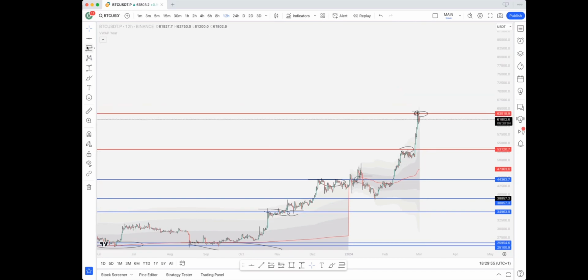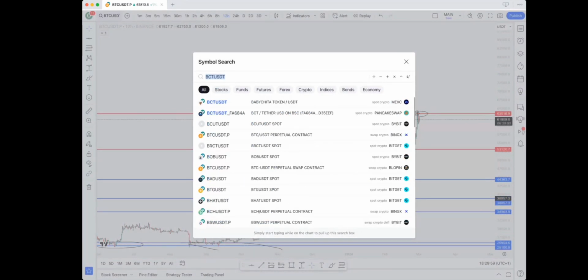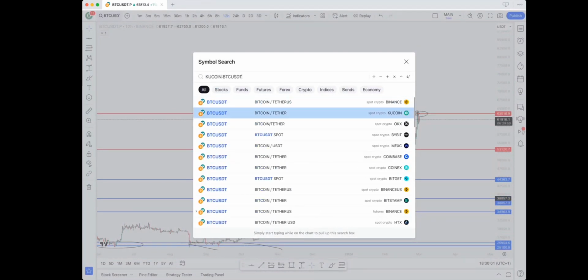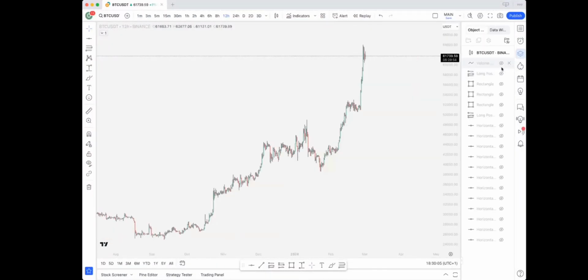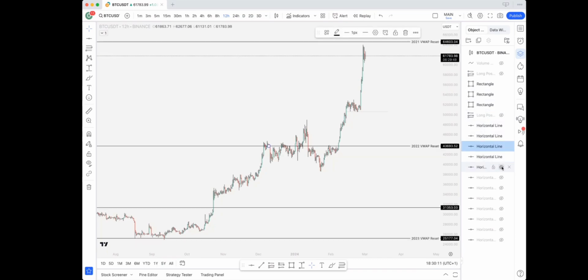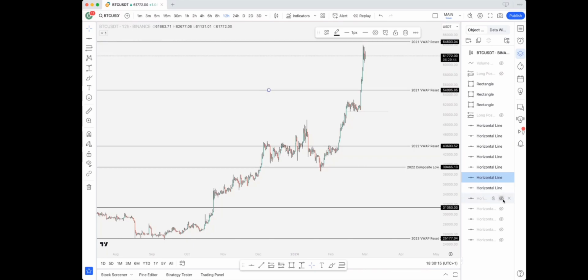Okay, so you'll notice that I have these levels marked out on my main Bitcoin chart. There we go. I'll turn on all my levels. We'll see here that I have all these marked out.